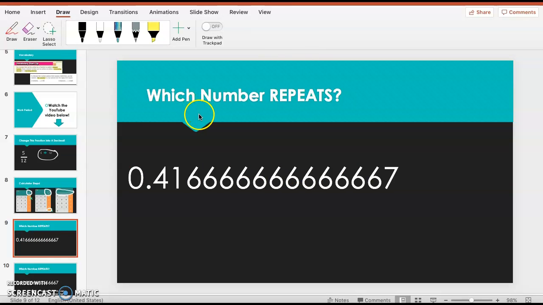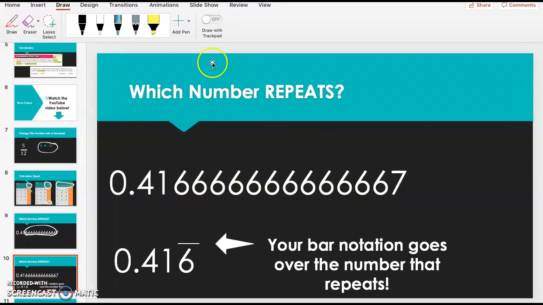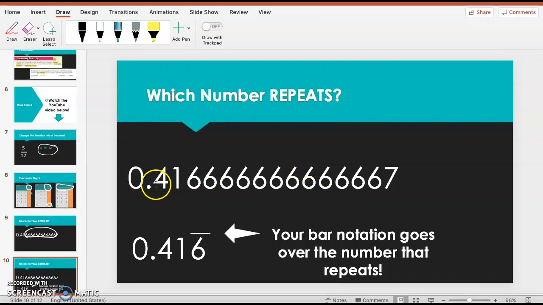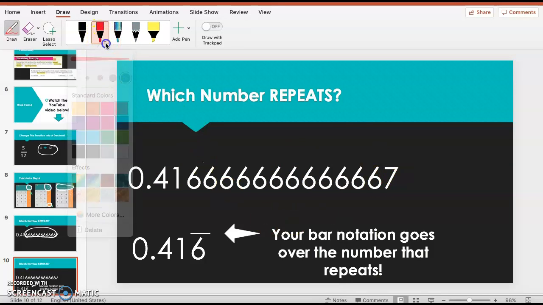Now, you ask yourself, which number repeats? If we're looking at the number that repeats itself, it looks like there's a whole lot of 6's. So now we know that 6 is the repeating number. Let's do this in the color red so we can see it really well.